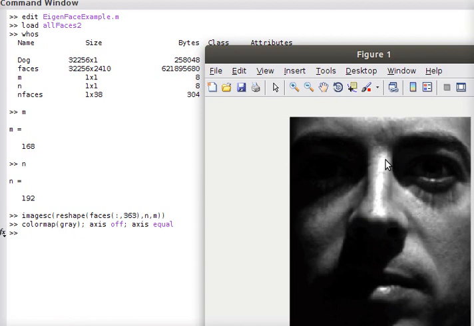Each pose has different lighting. I think the first pose is straight on with uniform lighting, and then the other poses are with different kinds of lighting. We'll see what the effect of that is when we take a look at the eigenfaces, or the eigenvectors of the covariance matrix.